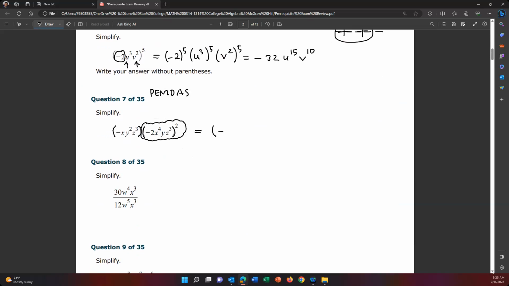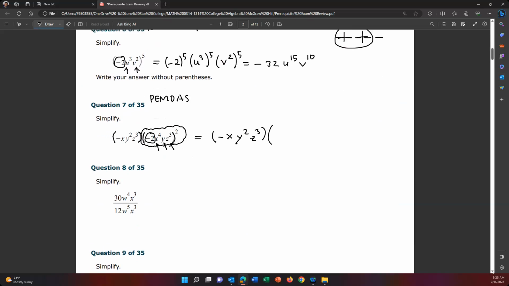So this is the first parentheses, nothing is happening there. But on the second parentheses, we're going to have to apply this power of 2. Remember, similar to the previous example, these are all bases. The -2, the x, the y, and the z. And each one of those, we're going to apply the power to power rule.